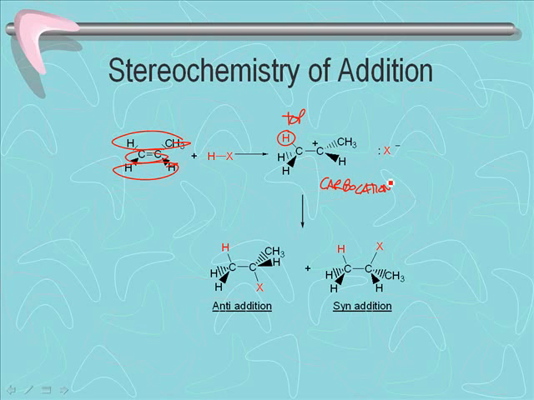This carbocation is planar, and as a result, either face of the carbocation can be accessed by our nucleophile, X-. So with equal probability in this case, X can attack on the top face, or X can attack on the bottom face. If X adds on the top face, we get syn addition. If X adds on the bottom face, we get anti-addition. And so both modes of addition are possible in the addition of HX to an alkene.